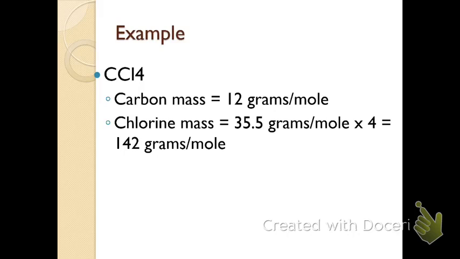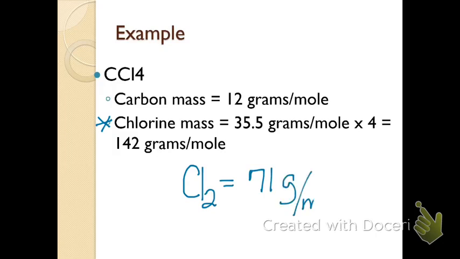Well, let's pause and stop. Why? Because I told you that you have to round those. Well, there is an exception to every rule, because there's always an exception to every rule. The exception to every rule is chlorine. We have found that the chlorine molecule, which is Cl2, is equal to a perfect 71 grams per mole.